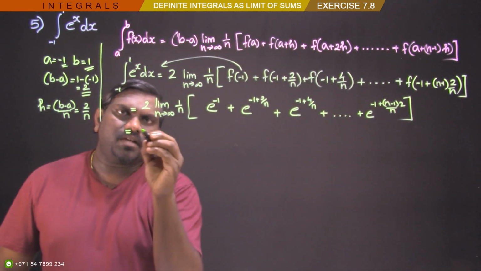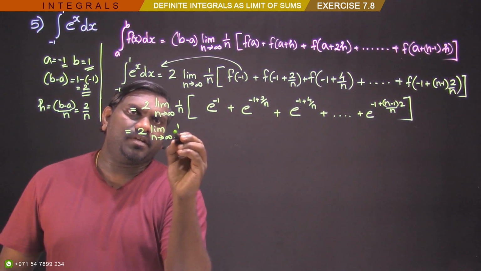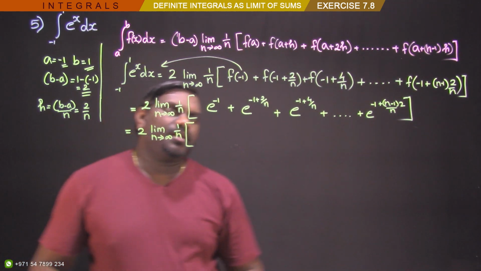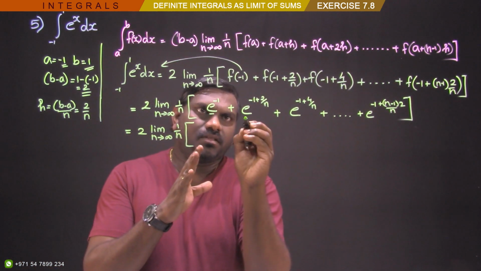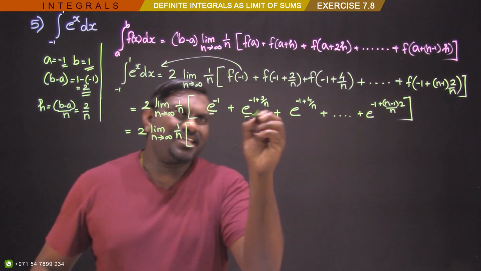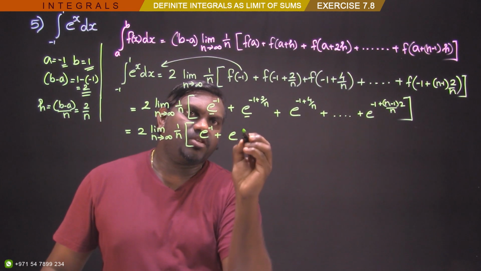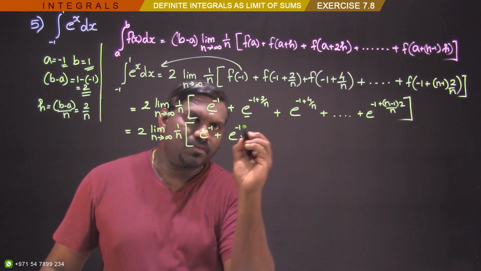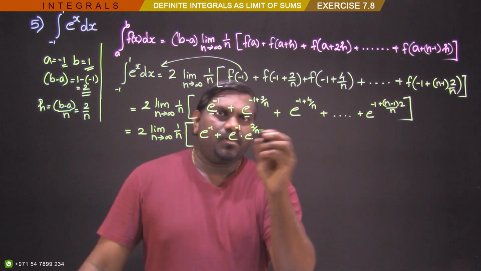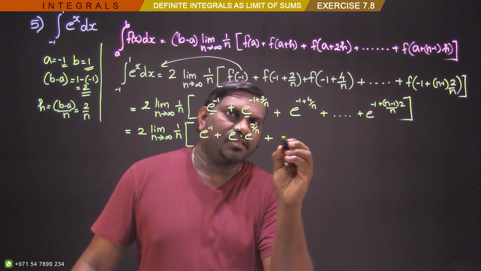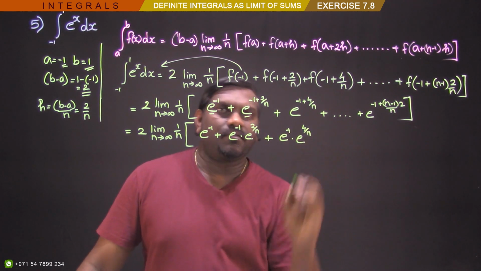So what I can write here is limit n tending to infinity dear. Okay, can you see here like this one, this term? So can I split this one? E raised to minus 1 plus e raised to minus 1 into e raised to 2 by n, plus e raised to minus 1 into e raised to 4 by n, right dear?